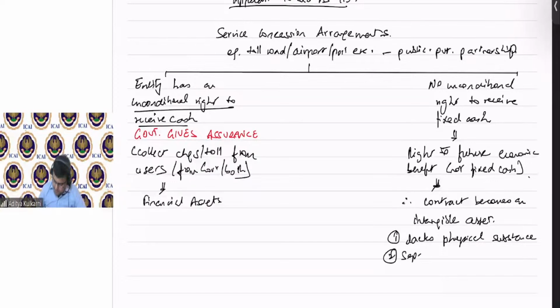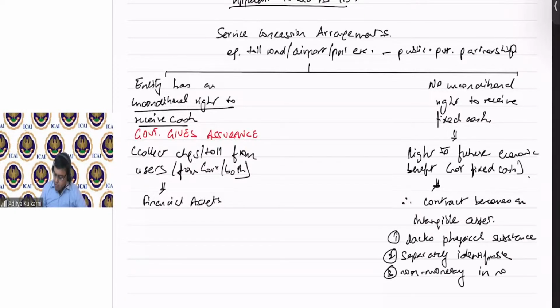Second, it is separately identifiable. There is a document that gives you this right. The government says, you construct, take 3 years, operate for 7 years. For 7 years, nobody can collect toll fees apart from you. So there is a separately identifiable intangible asset. And third one is, it is non-monetary in nature.